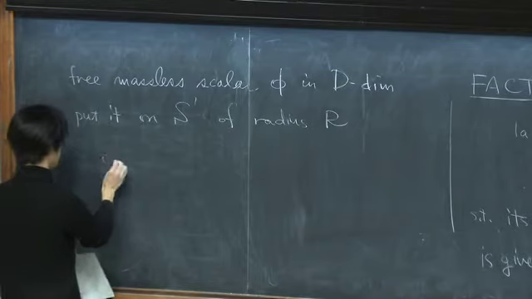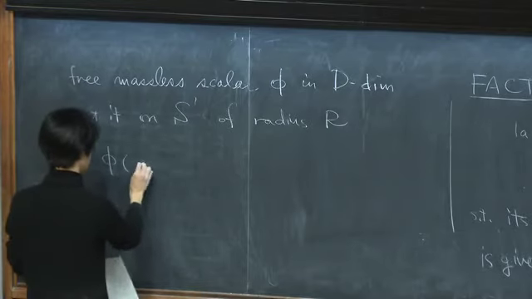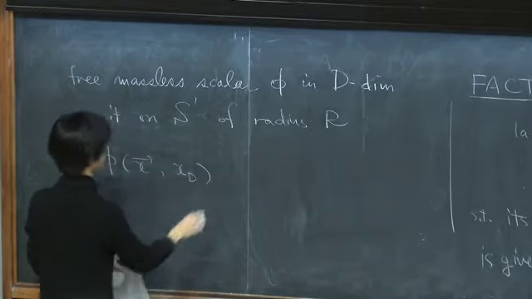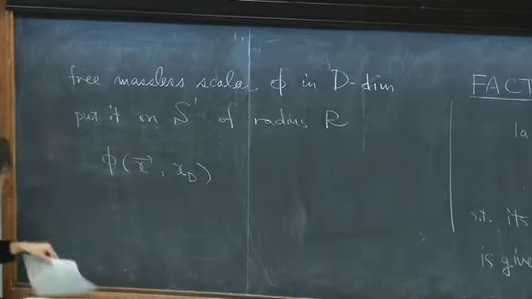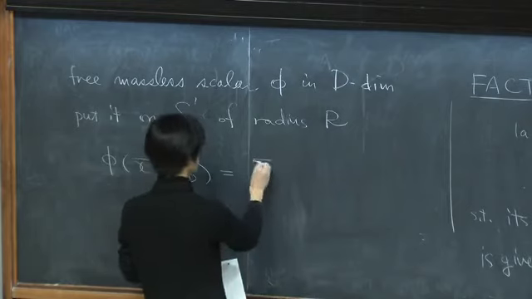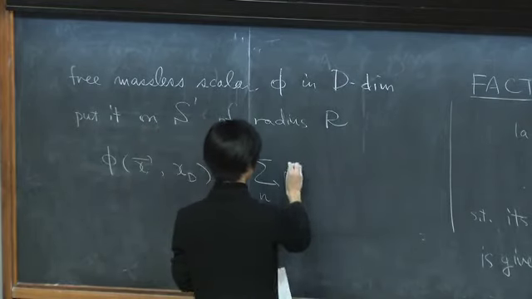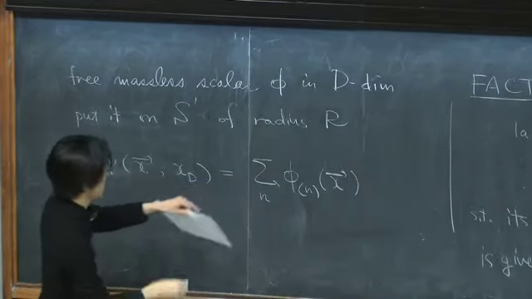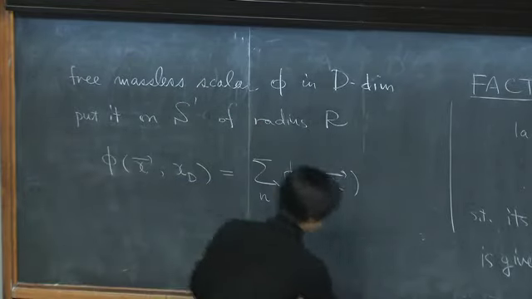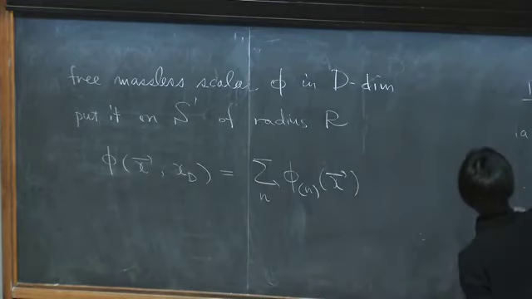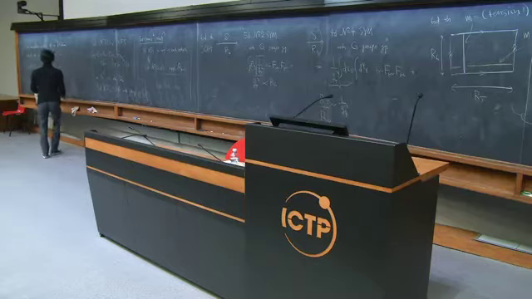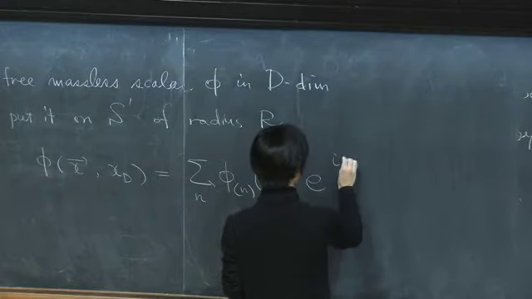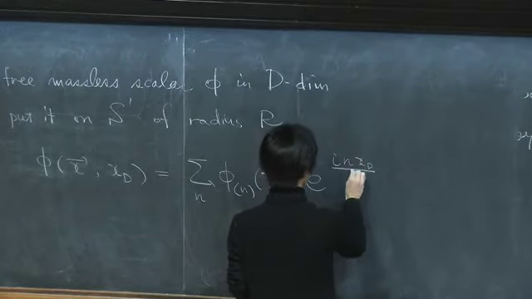I guess everyone has learned somewhere that in that case you can decompose this D-dimensional field in terms of the Fourier modes, which depend on the D minus 1 dimensional directions and the exponential e to the i n x_D over r.